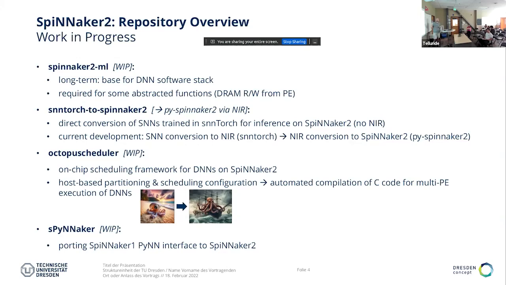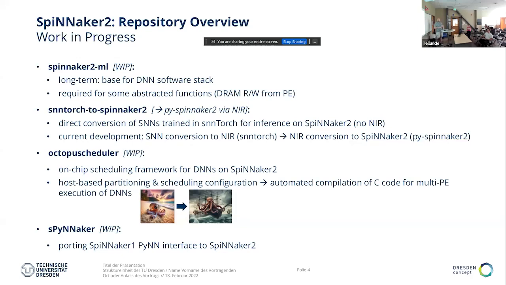And it's required for some abstracted functions that you might also use, like DRAM access. So besides the Spinnaker 2 chip on the board, you have a little DRAM. Little means 2 GB. And if you want to access the DRAM from the chip, you might want to use those abstracted DRAM functions. For this, you would also need this Spinnaker 2ML.